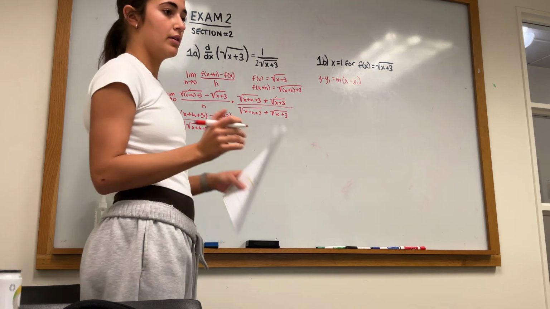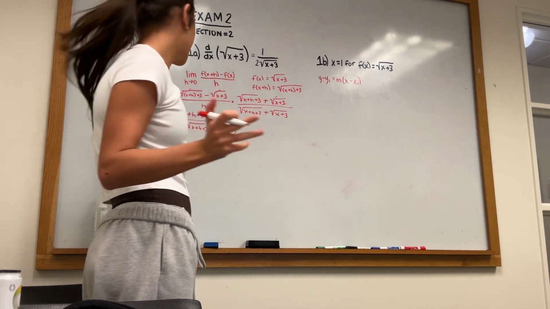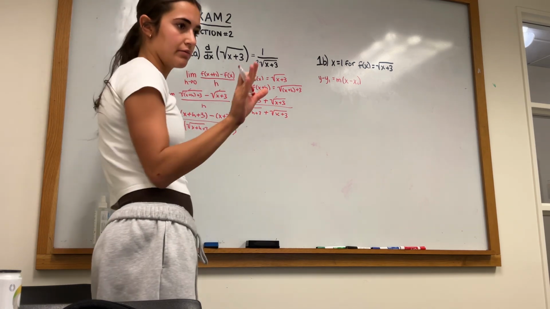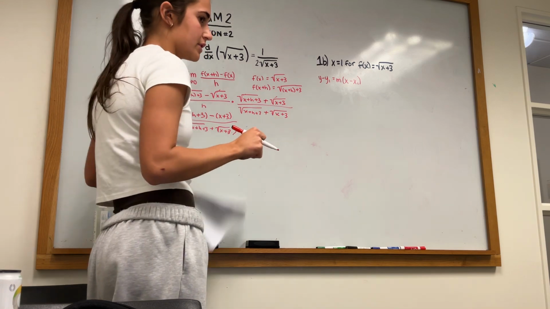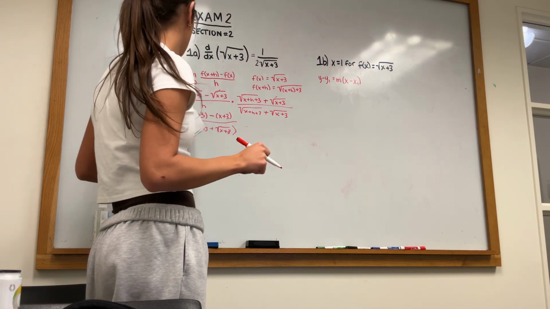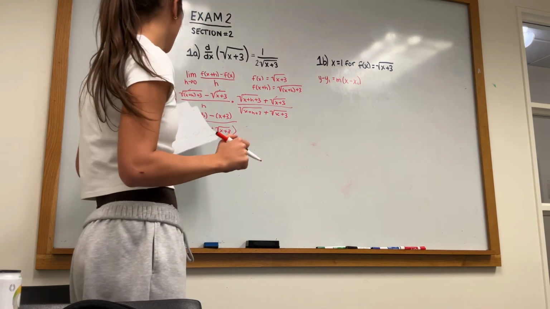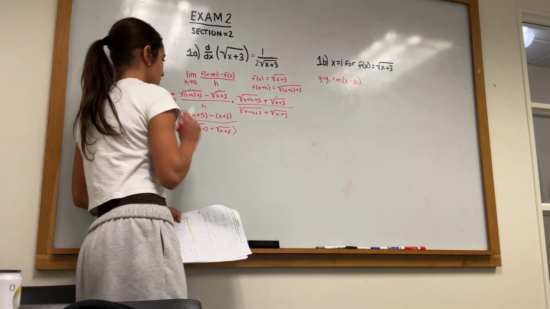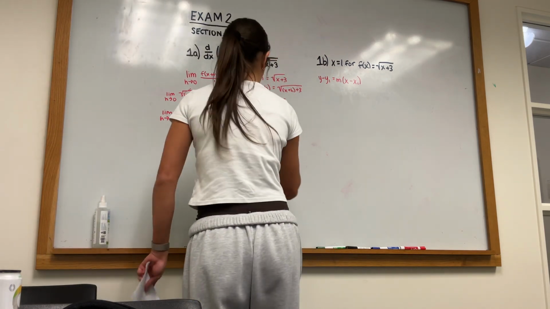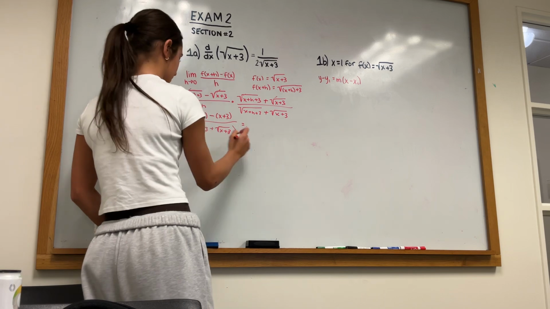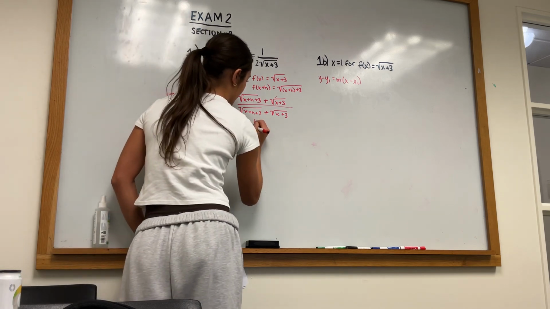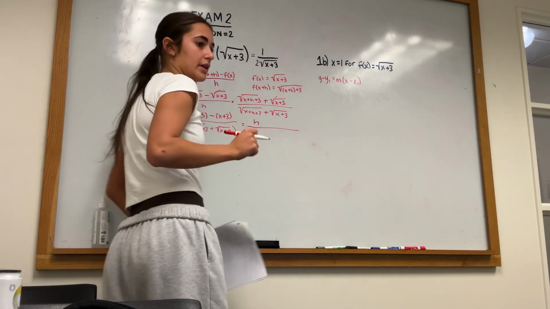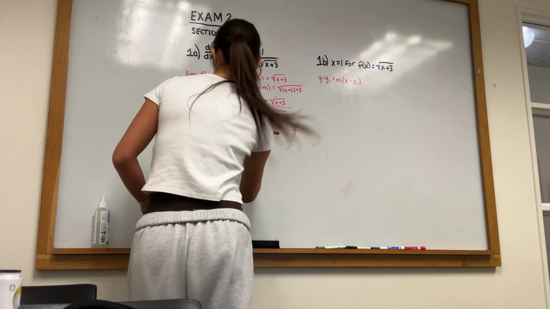And then after that, the h's can cancel. Not yet. You're going to try to get the h to the top, and you're going to be left with this whole thing, same exact thing, but h over, and then it'll be all the same.